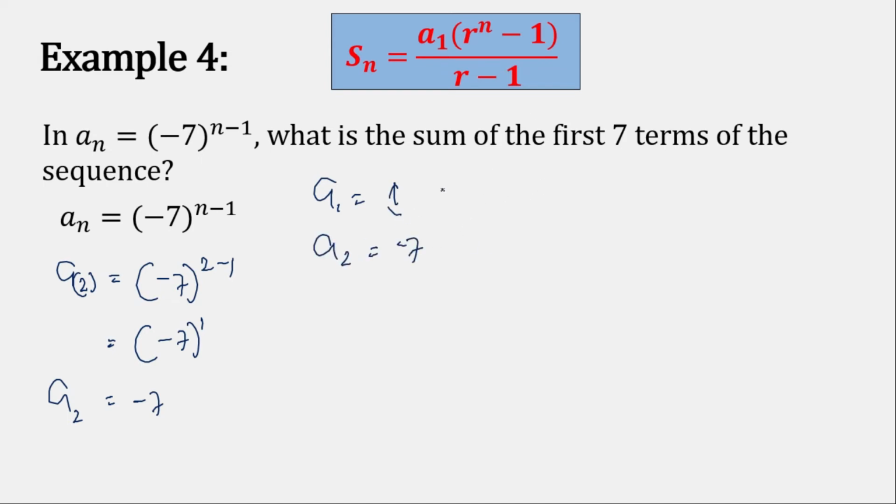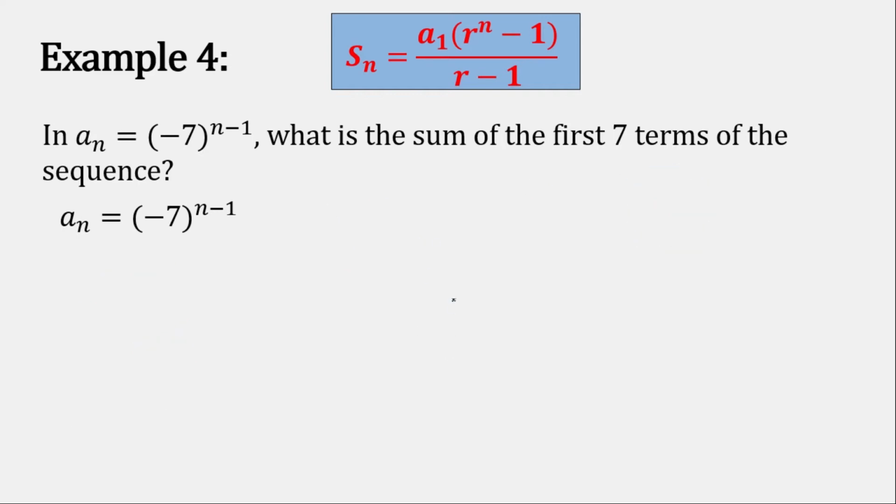So all you need to do is get the ratio between these two numbers, that is negative 7 over 1, and you'll get negative 7 as your common ratio. Or you could just compare the formula, and you could easily see that our common ratio is negative 7, and we have an invisible number here, which is 1, for our a sub 1.